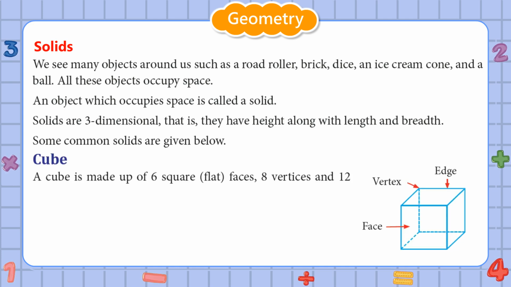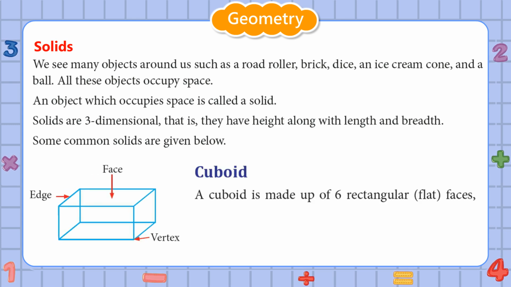Cube. A cube is made up of 6 square flat faces, 8 vertices, and 12 straight edges. Some examples of a cube are ice cube, dice, etc. Cuboid. A cuboid is made up of 6 rectangular flat faces, 8 vertices, and 12 straight edges.